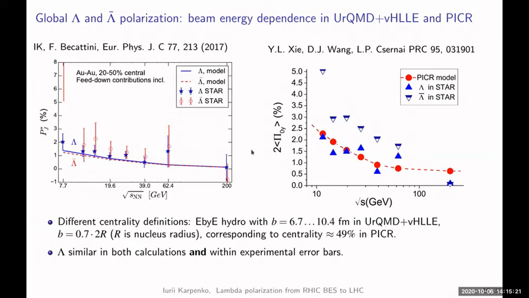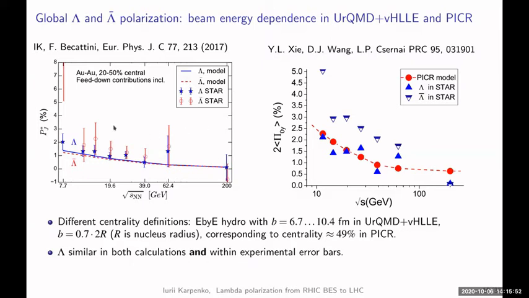So first of all, in principle, both of these results show polarization which decreases. It's not clearly seen maybe because of the scale, but it actually decreases quite strongly as a function of collision energy, from, let's say, more than 1 or more than 2% at the lowest energy, down to less than 1% or even much less than 1% at high energies.